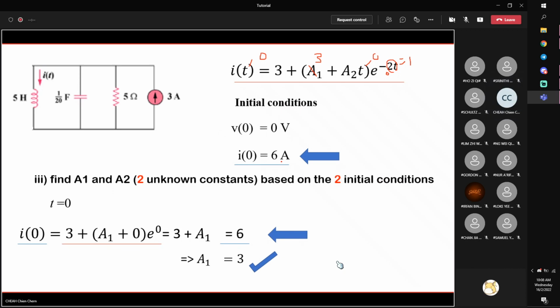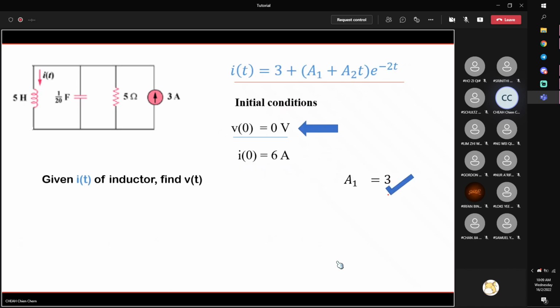If you set this wrongly, then it will not be these initial values anymore. So this is the first step: get one equation based on the first initial condition. Now it happened that in solving this, A2 disappears because A2 is multiplied by t equal to 0. So we can solve it directly. A1 is equal to 3.